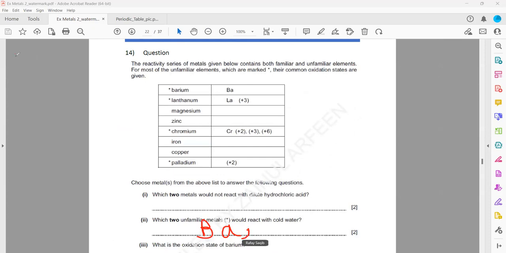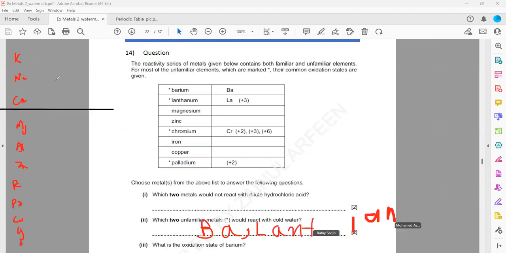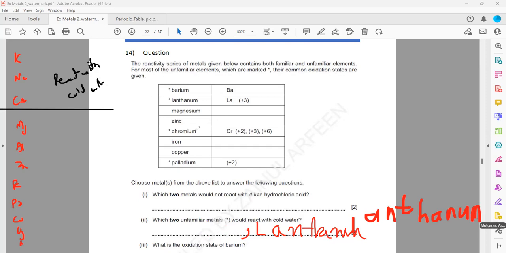So we have potassium, sodium, calcium, then magnesium, aluminium, zinc, iron, lead, copper, mercury, silver. These three metals can easily react with cold water. So those metals which are above magnesium can react with cold water.